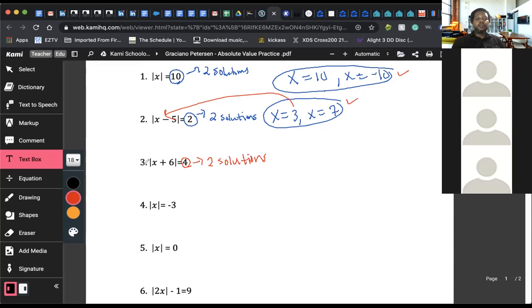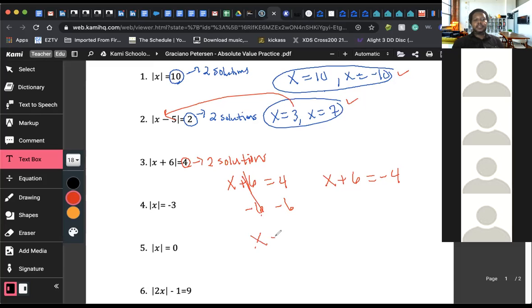So I remove my absolute value marks and I have just x plus 6 and I set it equal to 4, but I also have to set it equal to -4 and then solve for x. When I solve for x here, because I'm adding 6, I need to subtract 6 from both sides of the equal sign. It's going to cancel out here.